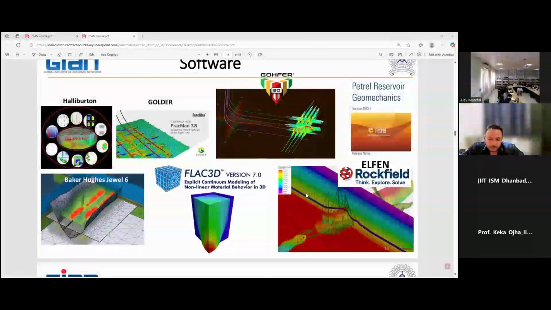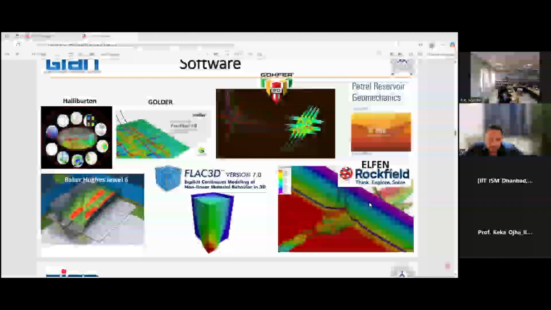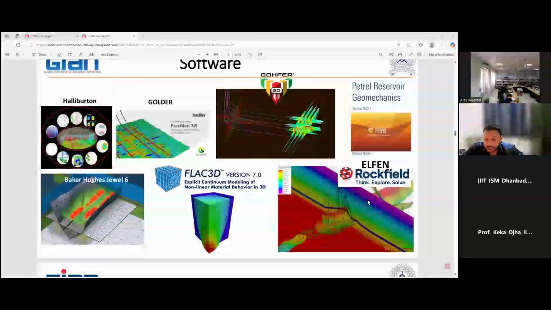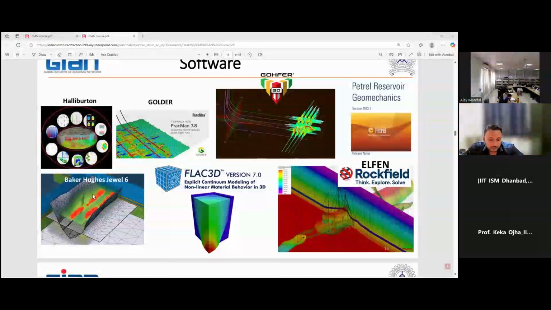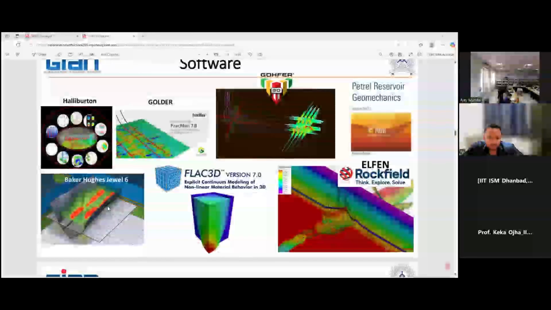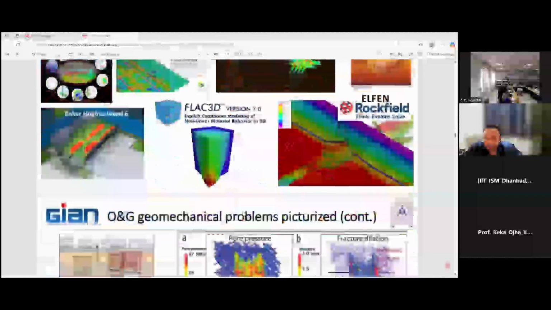These are mostly used by the geotechnical engineers, even though they can model hydraulic fractures, but they are mostly not used by the petroleum industry, but the geotechnical industry, okay, like civil engineers, like miners and those people. And then Baker Hughes JewelSuite is also a very commonly used software in the industry. And it can do all types of modeling, starting from hydraulic fracturing to wellbore stability.